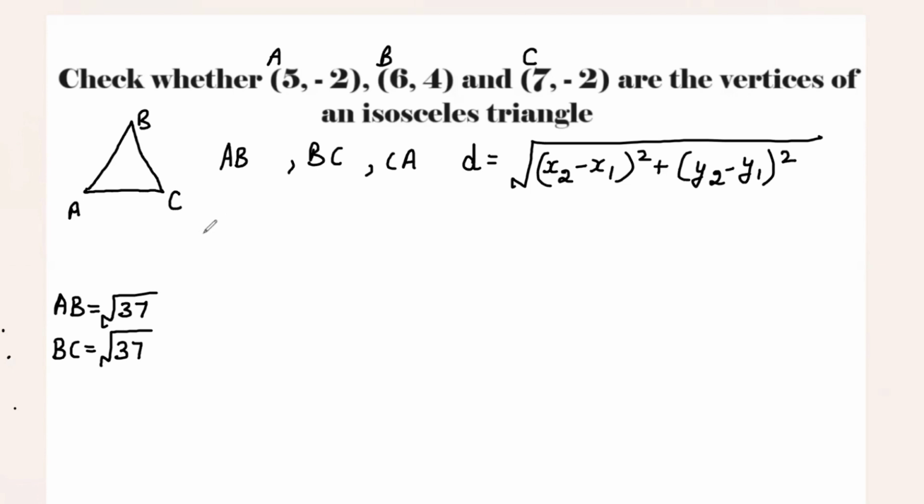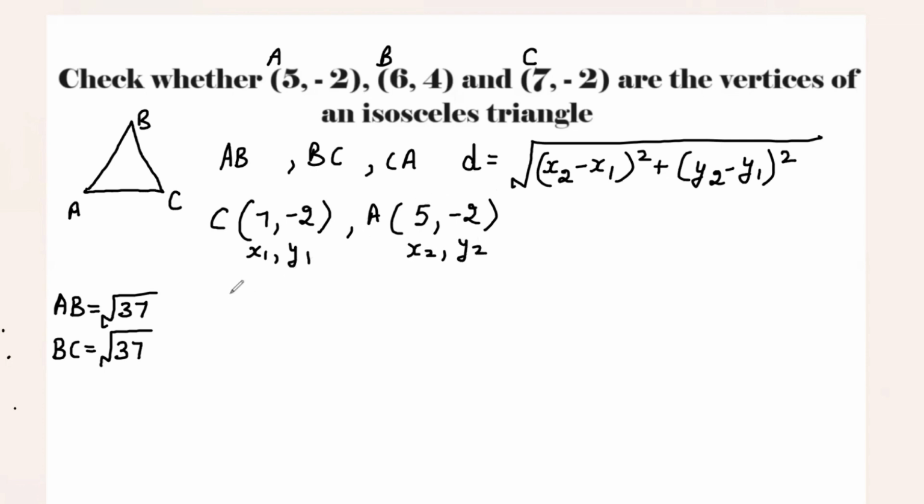Now we will calculate the length of CA. To calculate the length of CA, we will write C (7, minus 2) and A (5, minus 2). We will consider C as x1, y1, A as x2, y2, and we will substitute the values in the formula.